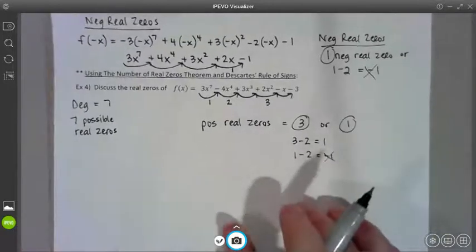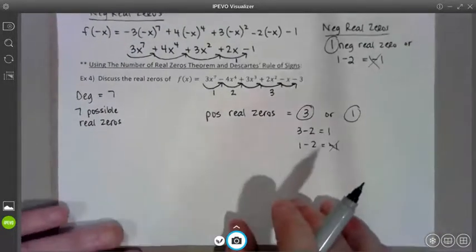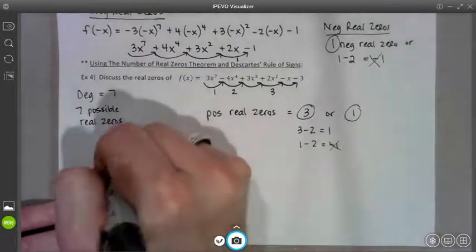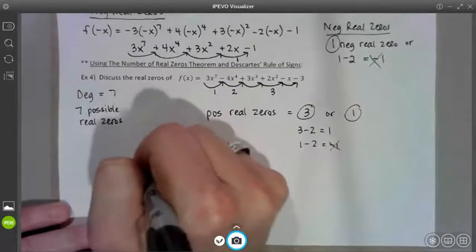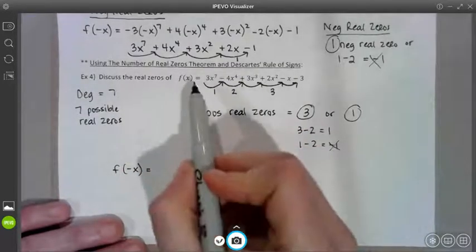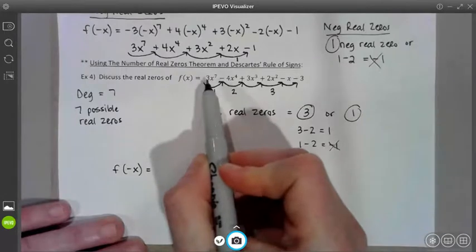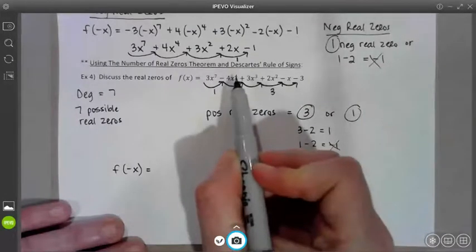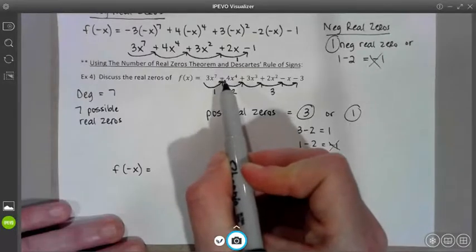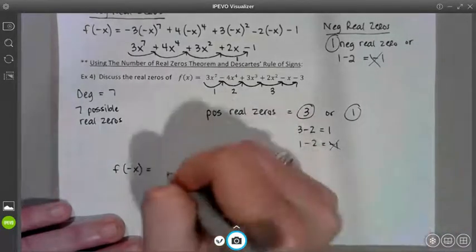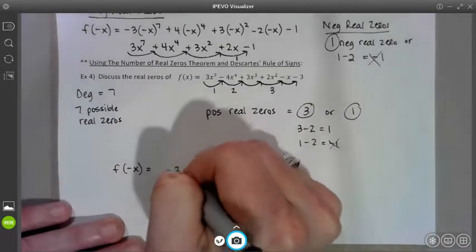Okay, what about the number of negative real zeros? Well, first we have to find the function f of the opposite of x. So remember, if you plug the opposite of x in, it's going to make all of the odd degree coefficients change to the opposite sign, and all of the even degree coefficients stay the same. So odd degree, the coefficient would go the opposite.